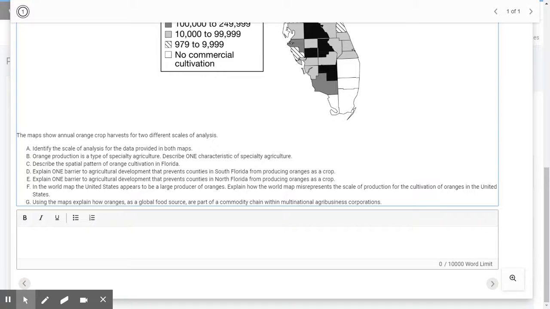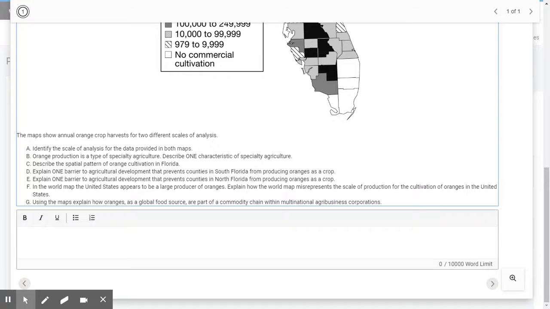You could also mention that specialty agriculture tends to be labor intensive and or land intensive, uses a significant amount of land and uses a significant amount of labor or capital. If you mention any of those things, either monoculture and an example, or labor intensive, land intensive, capital intensive, that would get you the point. So you got some options there for B.